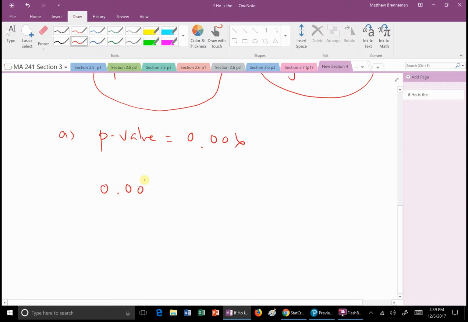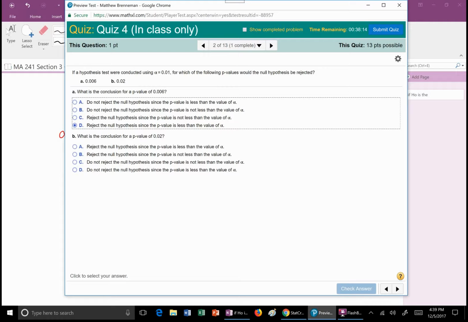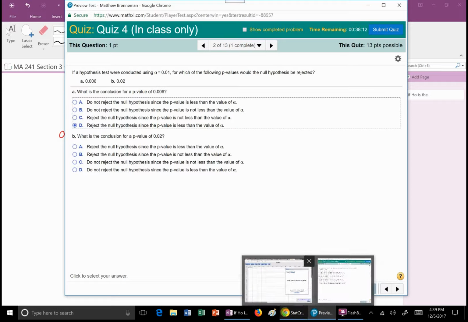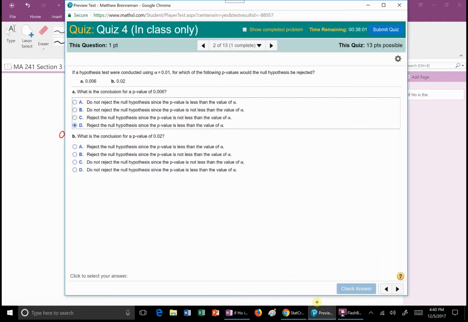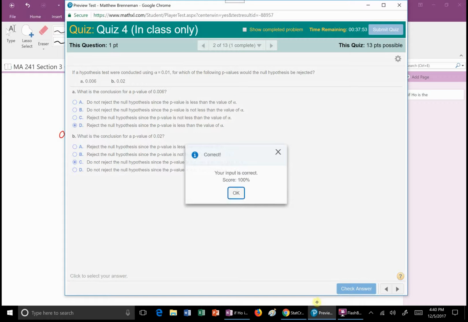So 0.006 is less than 0.01. Therefore, we're going to reject H naught. Here, 0.02 is not less than alpha, so we're not going to reject it because the p-value is not less than alpha.